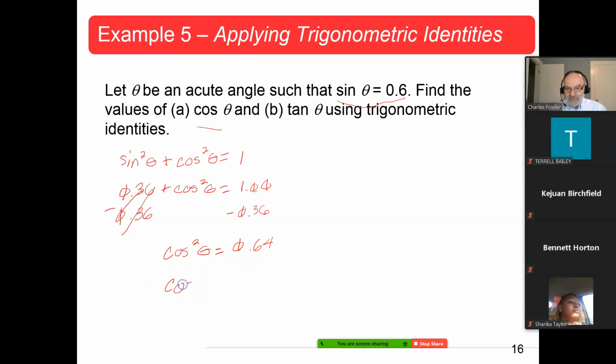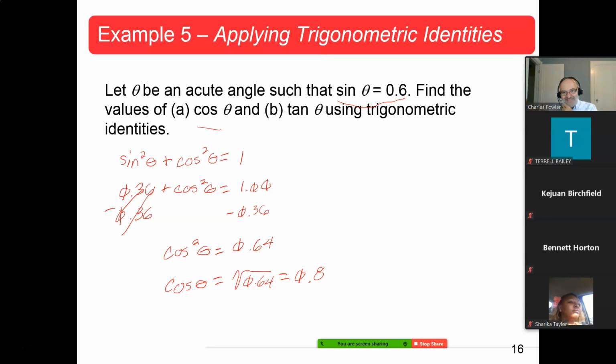And that's what we do. We take the square root of this side, it's cosine theta, and the square root of this side, the positive square root, 0.64. I don't know if you know what that is, but it's 0.8. Alright. Now, I said that's how they wanted you to do the problem.